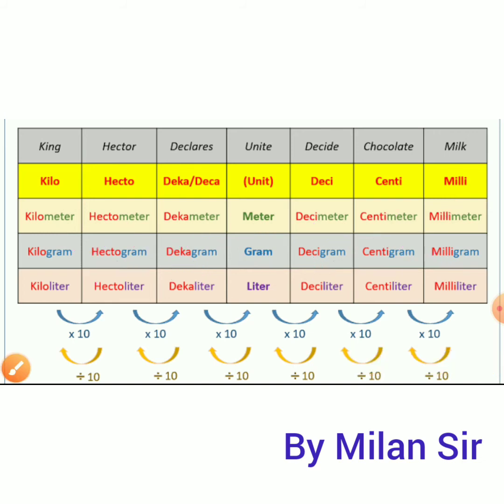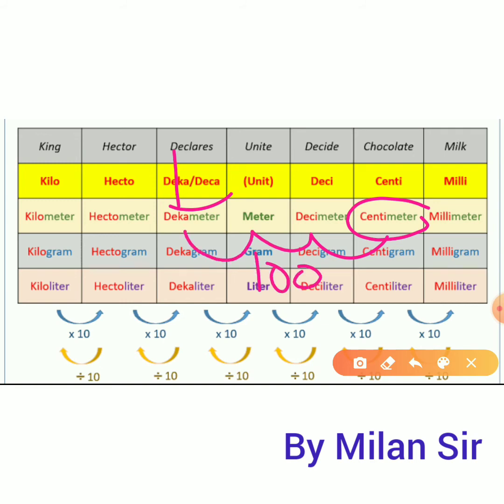That means if we want to transfer from centimeter to decameter, divide by 10, again divide by 10, again divide by 10. So total divide by 1000.